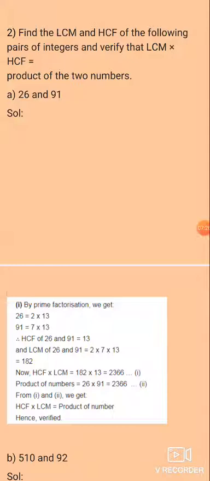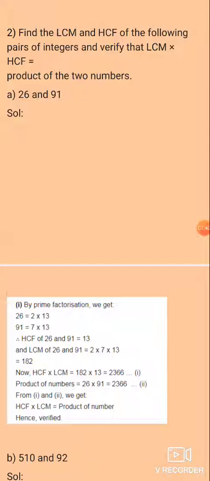And the LCM of 26 and 91. The LCM means take all the prime factors, take its greater power. Here 2 has power only 1, so consider the prime factor 2. Second, 7 also has power 1.